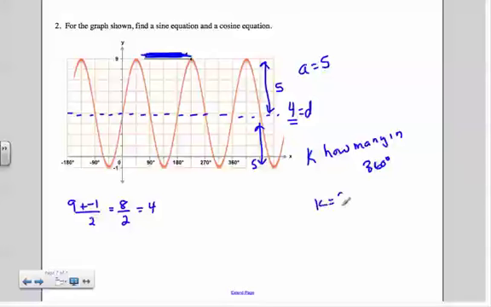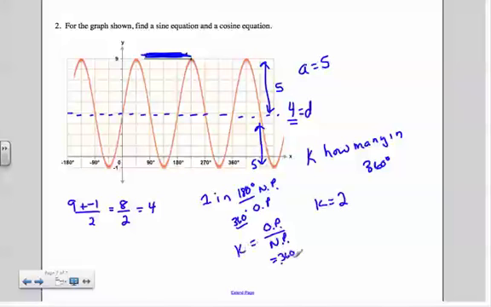So in this case, k is 2 because I get 2 full revolutions in 360 degrees. Another way to do it is to say, okay, I get 1 in 180, so that's my new period. The old period is always 360 because that's the normal. And the old period divided by the new period will always give you k. So in this case, it would be 360 divided by 180 if you can't see what k is.